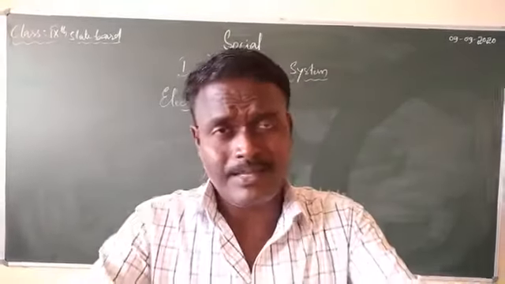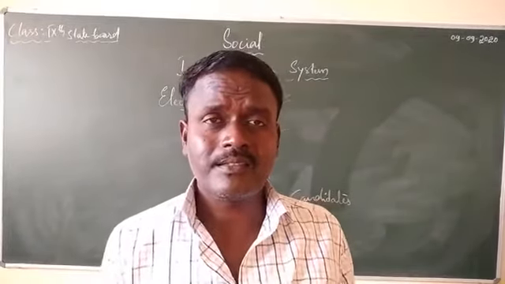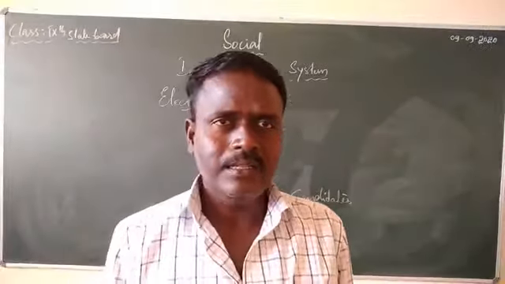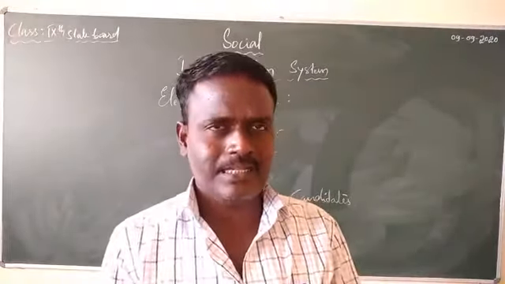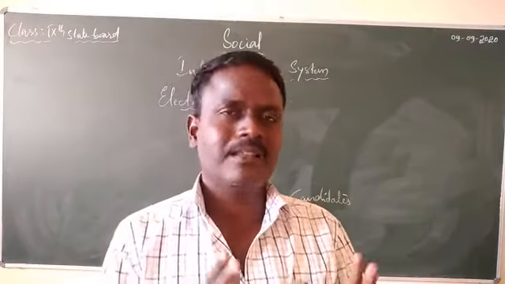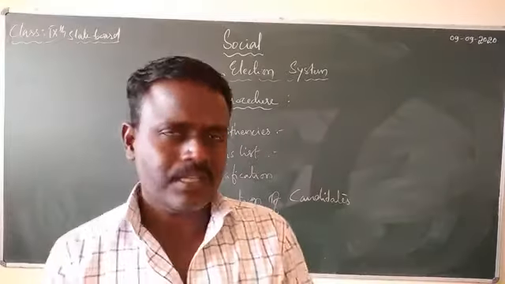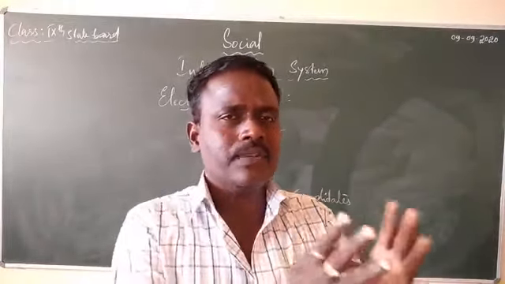Do you know why? Because India is the 7th largest country in the world. As it is the 7th largest country, as a whole, it becomes very difficult for us to handle the elections successfully. For that reason, first we are going to divide the whole of India into different constituencies.